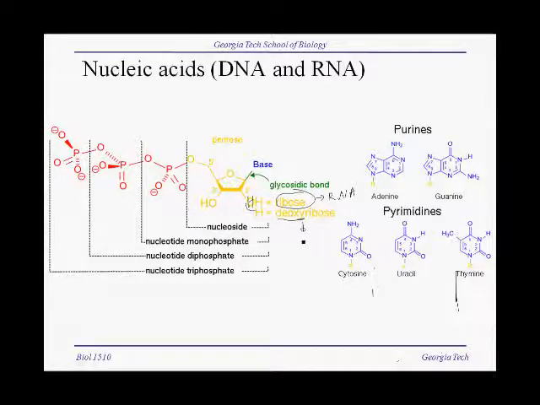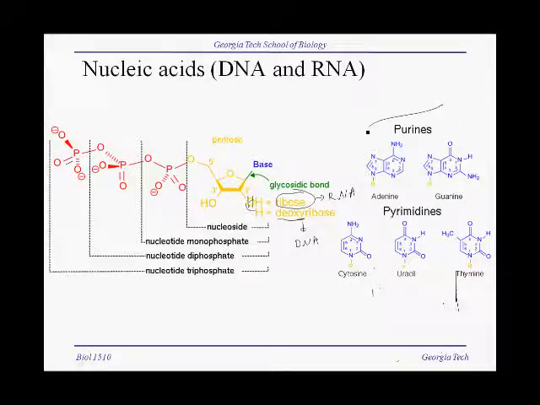And deoxyribose is what's used in DNA. Okay. So the ribose plus a base, a nitrogenous base, so a nitrogenous base is linked to the ribose or deoxyribose.